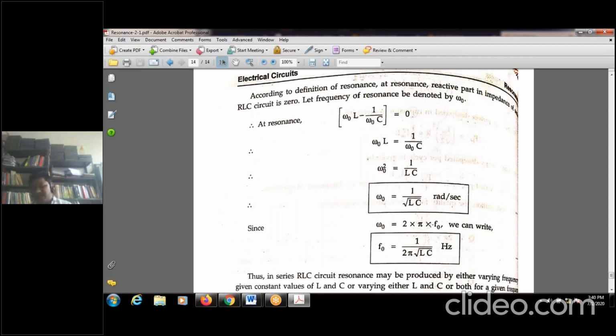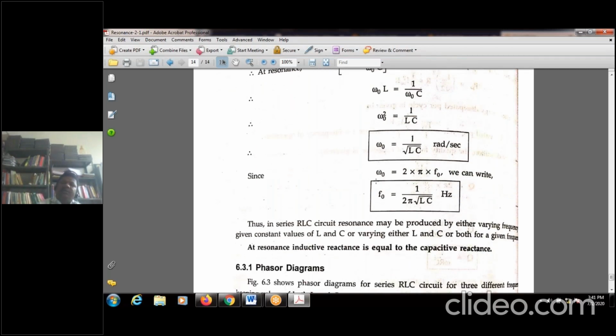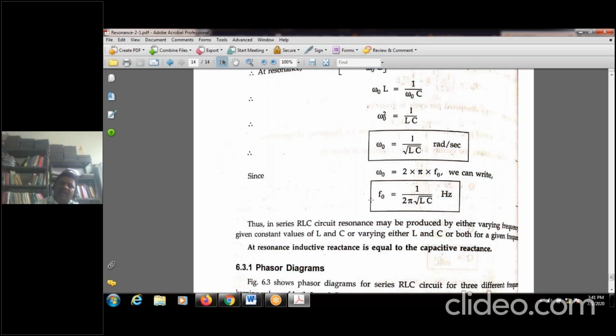That means at this particular frequency, the series RLC circuit is in resonance. When resonance happens, both the capacitive reactance and inductive reactance are cancelled, and the resultant current mainly depends upon the resistor only.